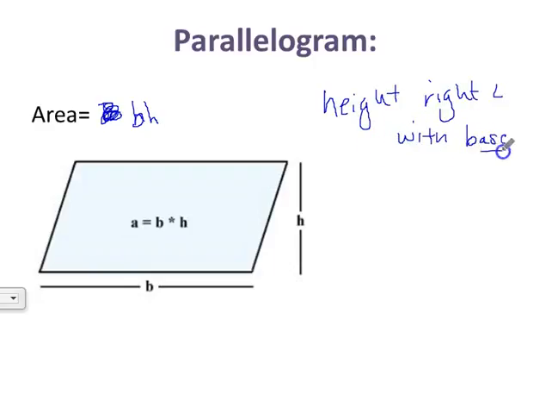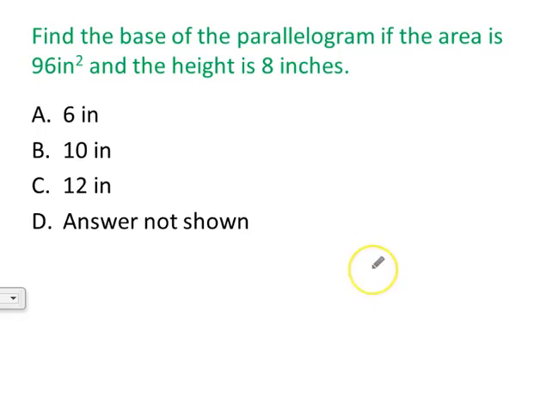So just like with triangles, the height has to form a right angle with the base in order to be the height. And then it's just base times height. So let's see if we can use what we know is the formula to find the area of a parallelogram to answer this question. The question asks us to find the base.